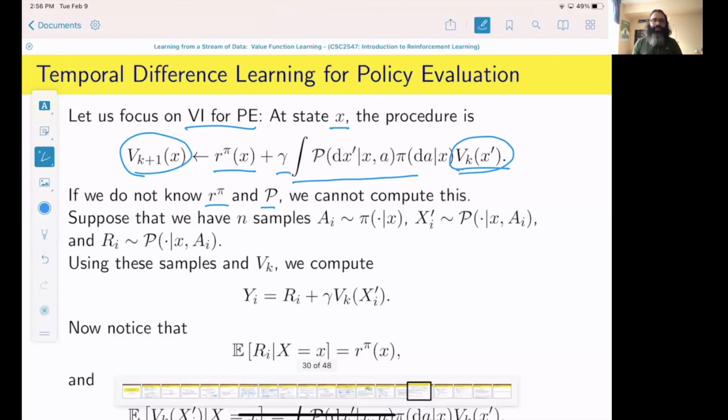So let's think about this problem in a sample-based version: how we want to convert it to a sample-based version and then solve it that way. What is the idea?